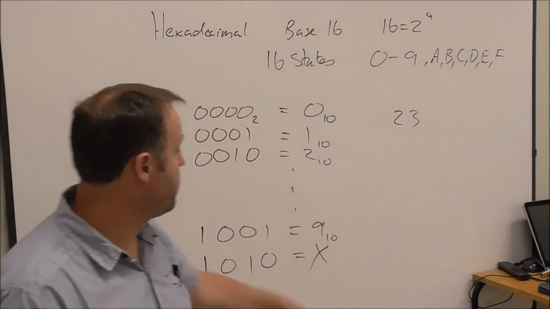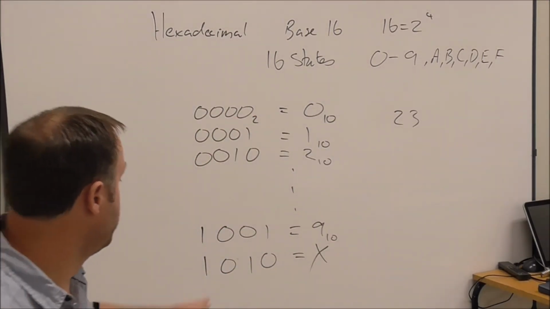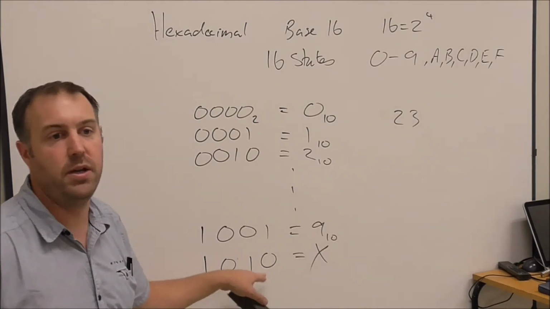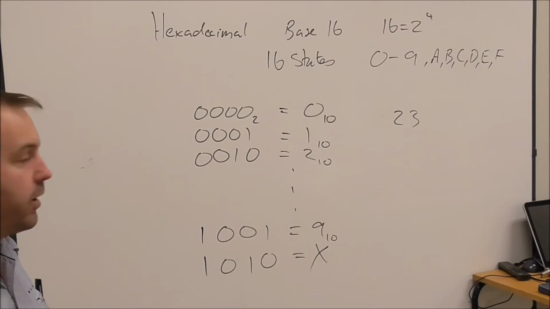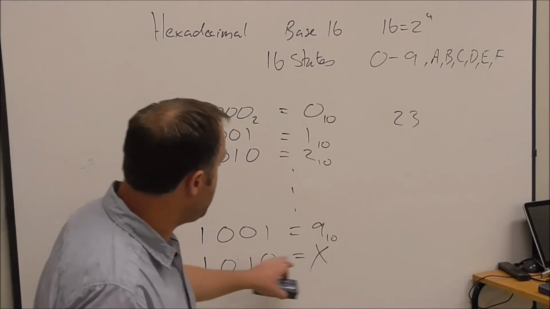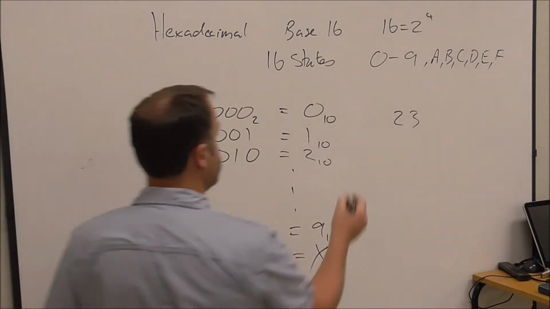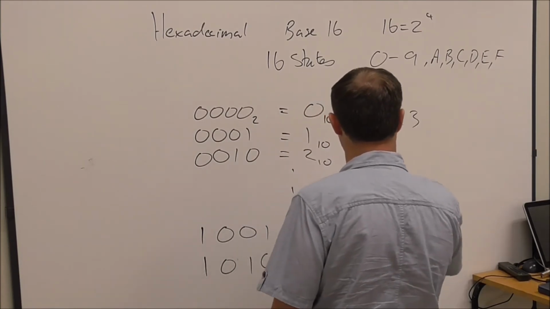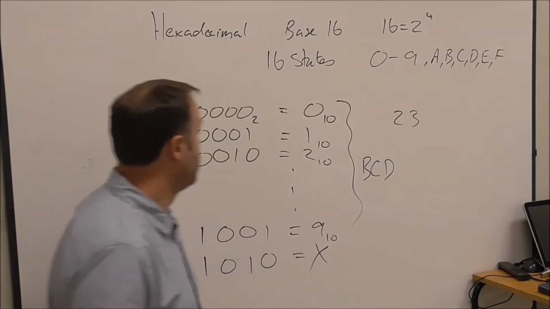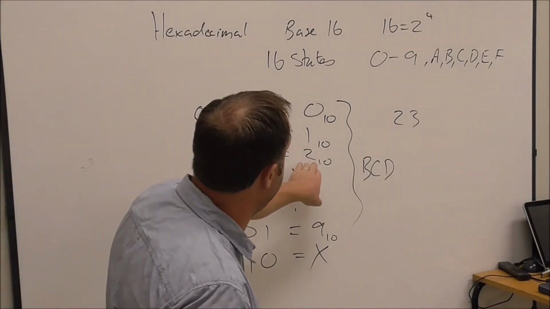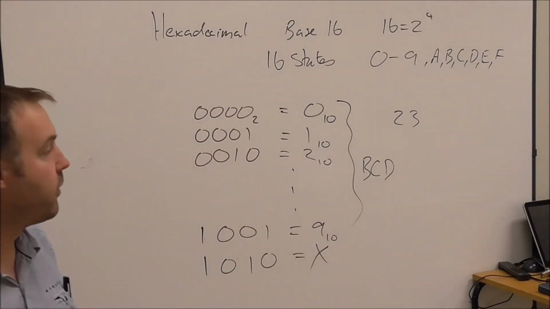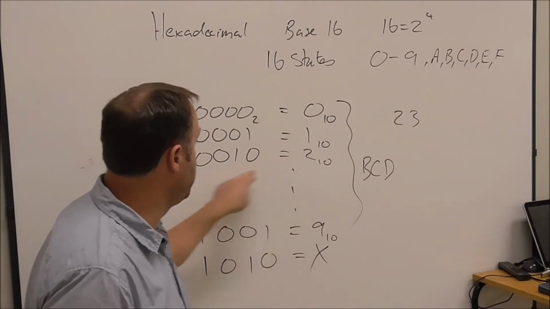I've got my 0 through to 9, and that would correspond with 10, wouldn't it? And 10 in decimal needs 2 digits, doesn't it? Okay? So these are the binary coded decimal codes.